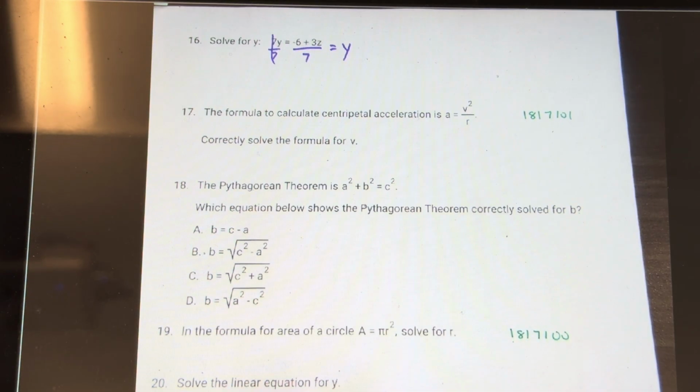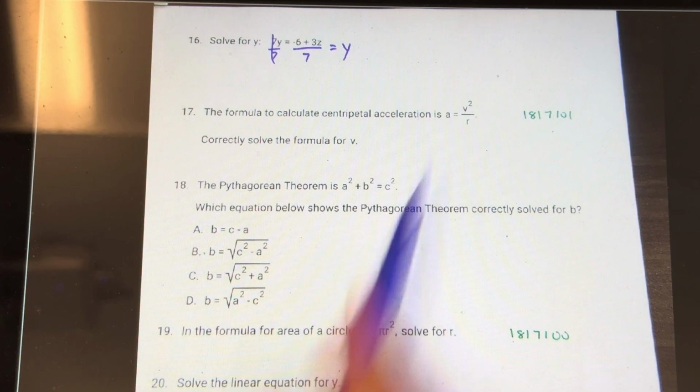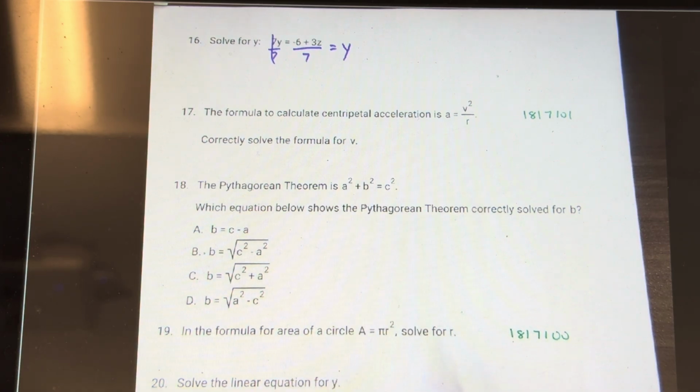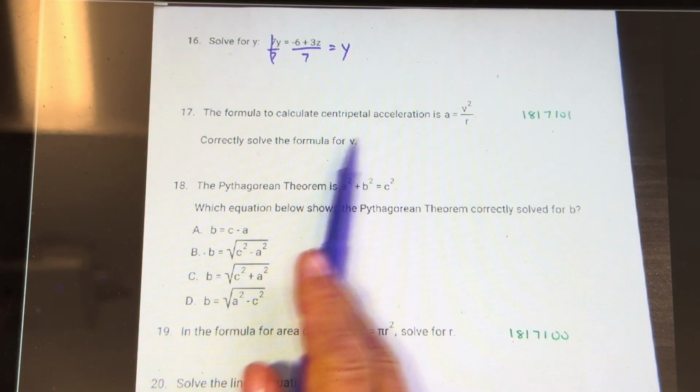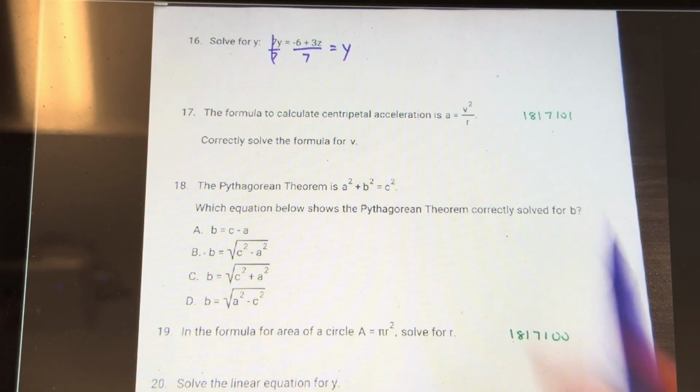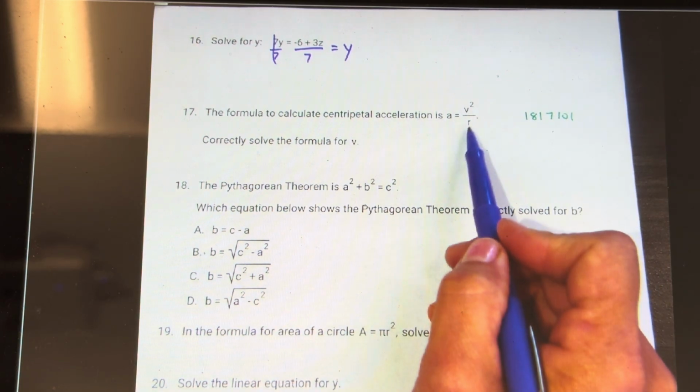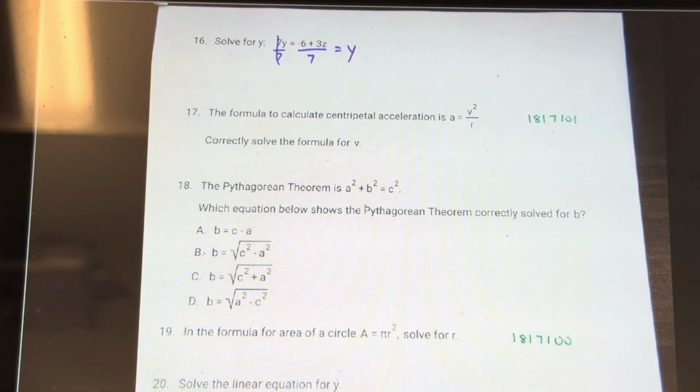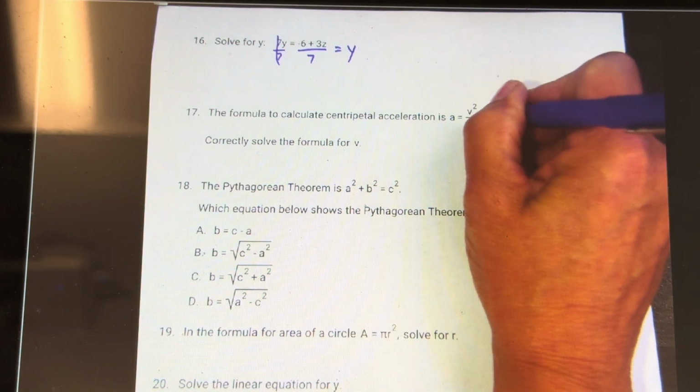17. Let's see. We have a equals v squared over r. That's velocity over, I think that's rate, and that's acceleration if I remember correctly from science. So we're solving for v, so we've got to get rid of the r. So r is dividing, so the opposite of dividing is multiplying.